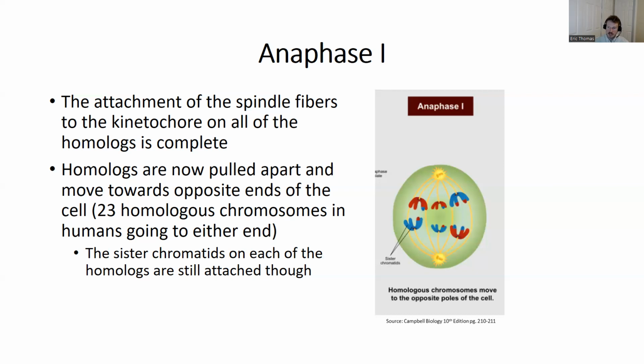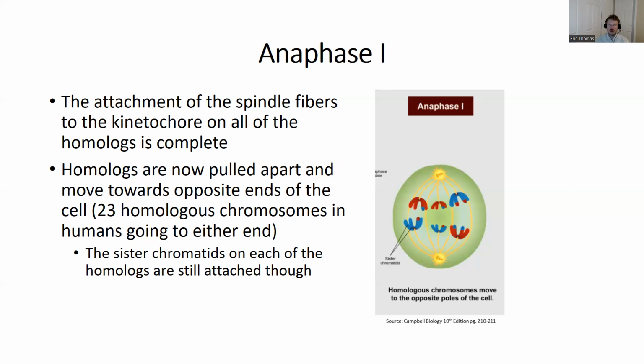When we talked about the S phase and interphase of meiosis, there was this replication of DNA, and each chromosome, each pair of homologs, was replicated in an exact fashion. And that replicated chromosome we can refer to as a sister chromatid.